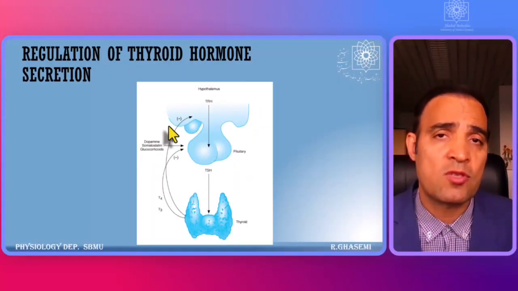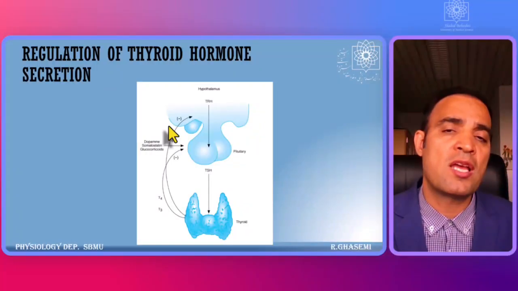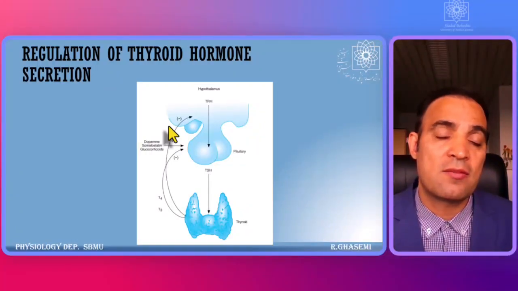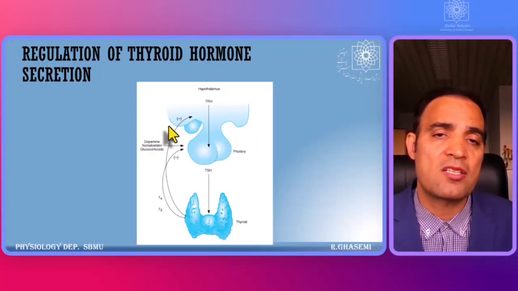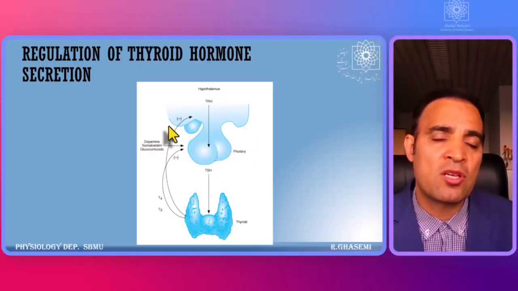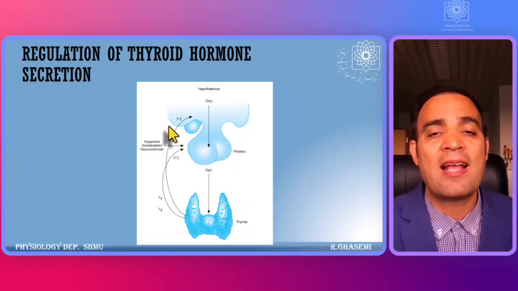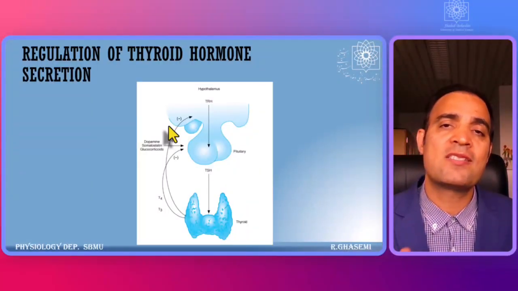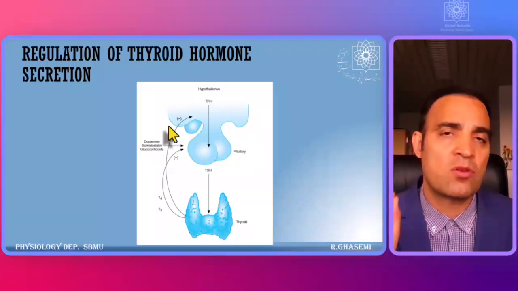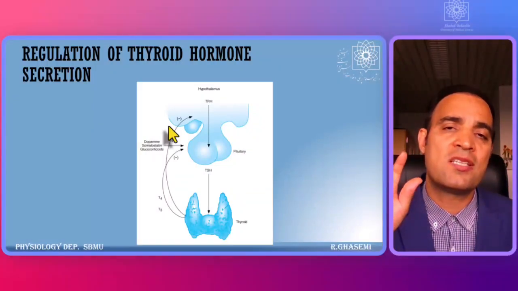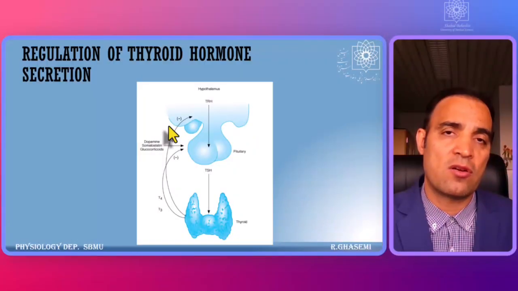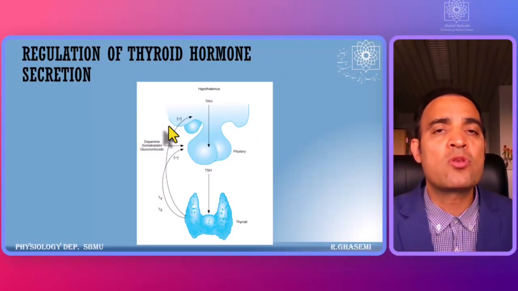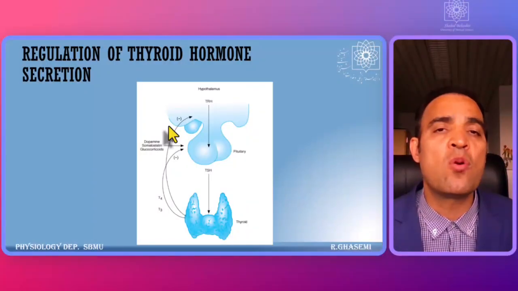In the hypothalamus, I told you before that we have a neuron named TRH, and TRH releases a hormone with the same name, TRH. TRH will affect the anterior pituitary gland and stimulate a hormone named TSH. TSH is the main stimulator for the thyroid cell to increase the release of thyroid hormones, and also increase iodide uptake and production of new hormones.